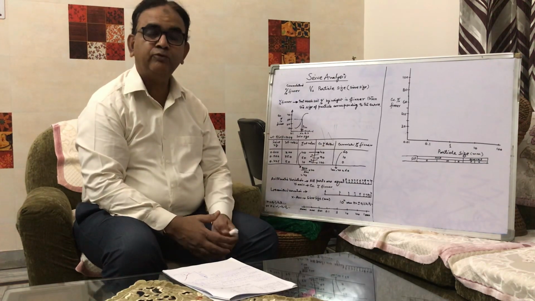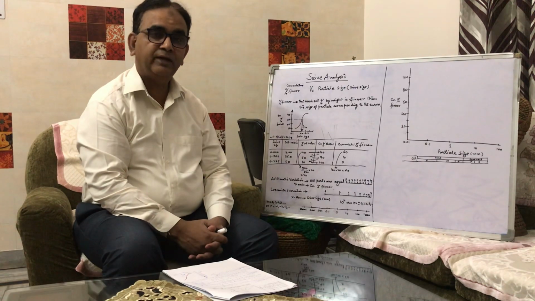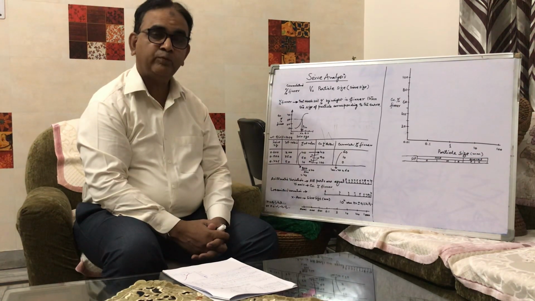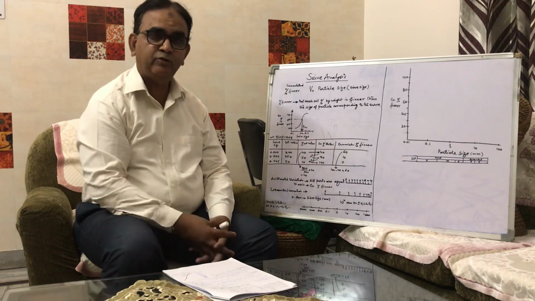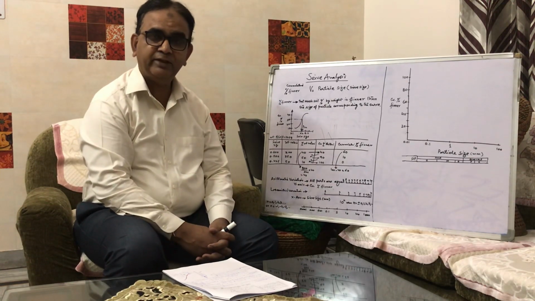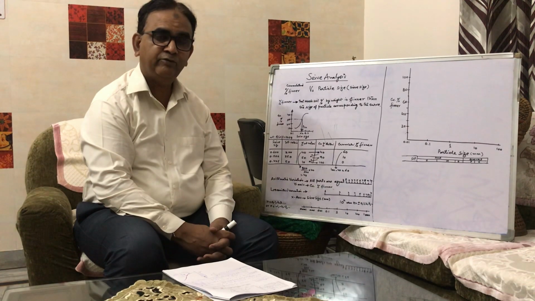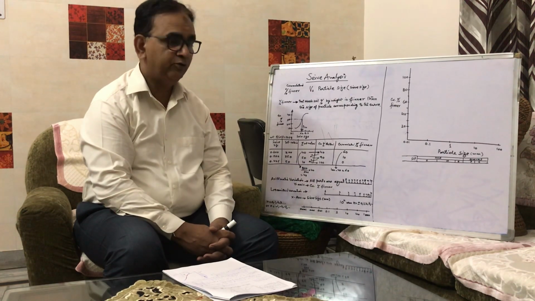You are advised to go through the example in the books, or whatever you performed in the laboratory experiment, and solve the problem by taking the observation table from that laboratory observation, or I have given 2 or 3 problems in the notes which I have already given to you.